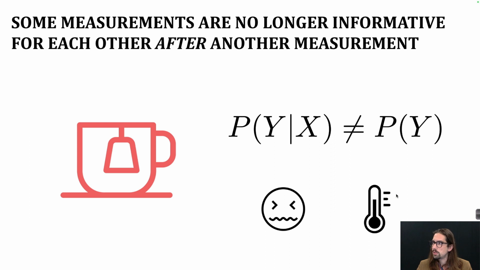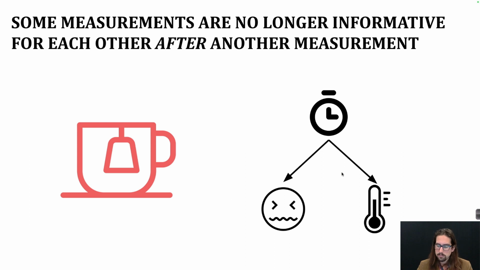The reason might be that if you make the water too hot, that might oversteep it very quickly and it'll be bitter. So clearly the temperature of the tea is influencing the bitterness, and these things are not going to be independent. But perhaps they are independent if you condition on a third variable, which is how long it was steeped for.